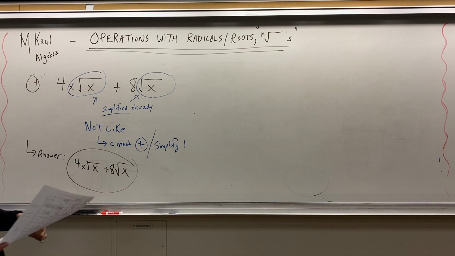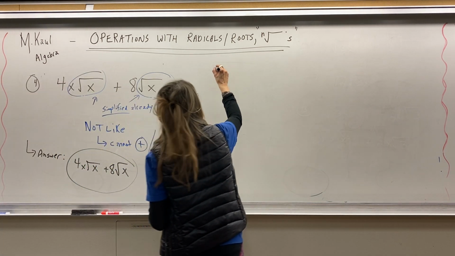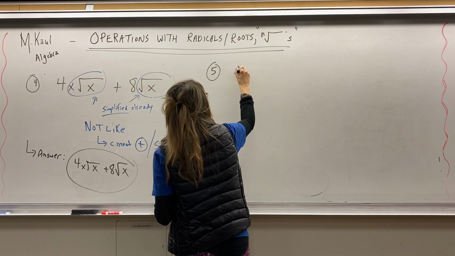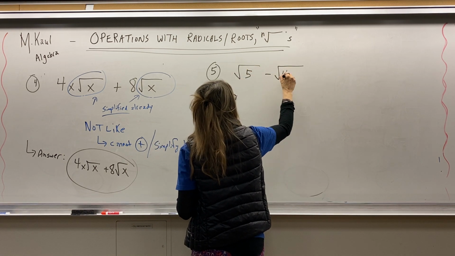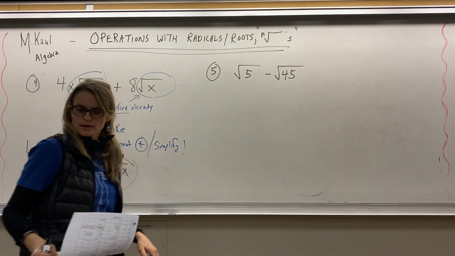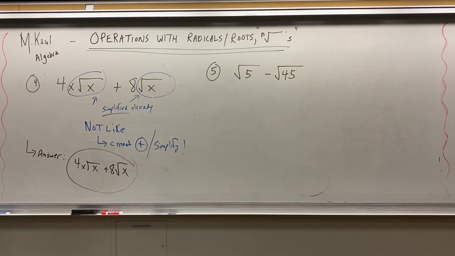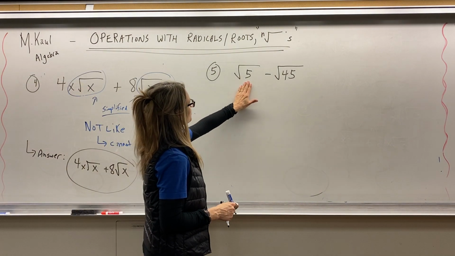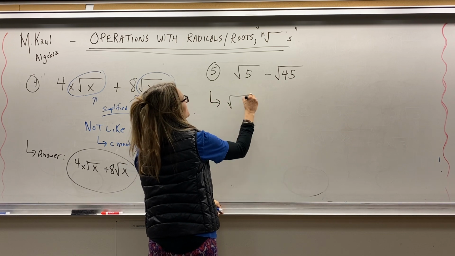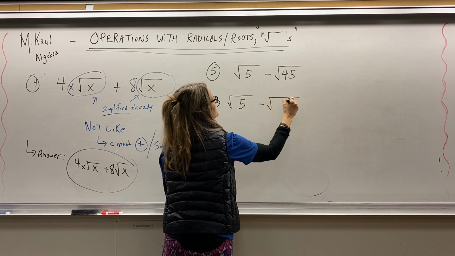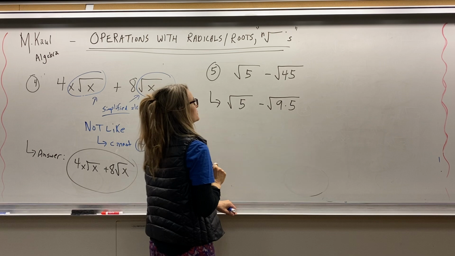Okay, so let's go ahead and take a look at another problem. What about the square root of 5 minus the square root of 45? Let's practice with some of our minuses. How do we do this? Well, let's see. This is simplified. This isn't. So I'm going to go ahead and rewrite this as the square root of 5 minus the square root of 9 times 5.